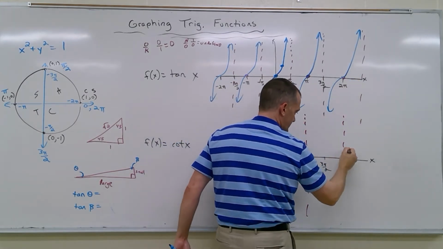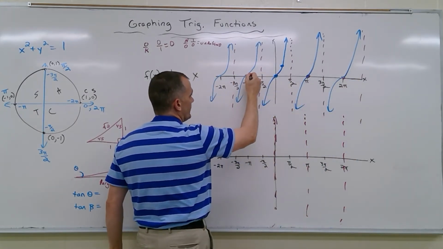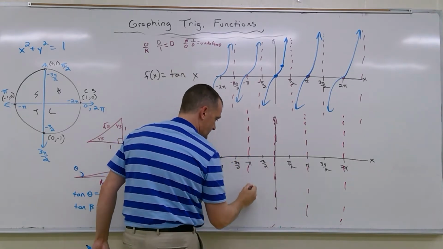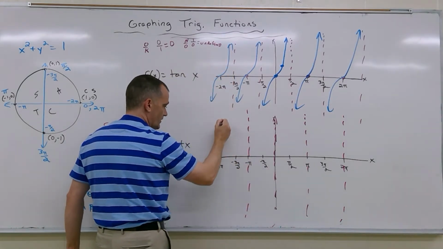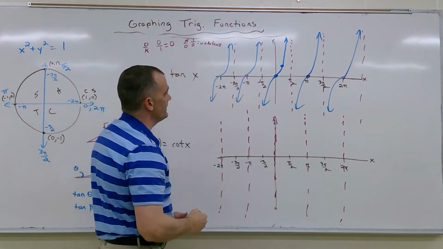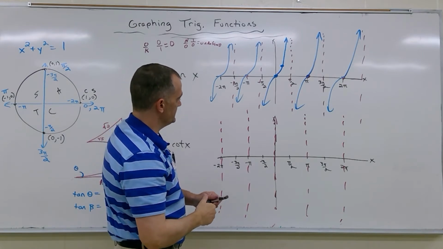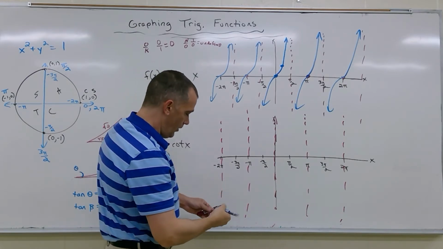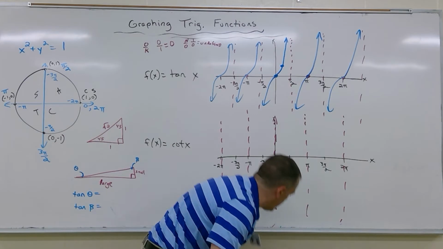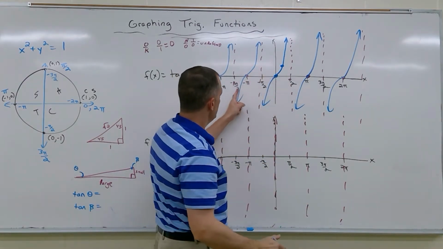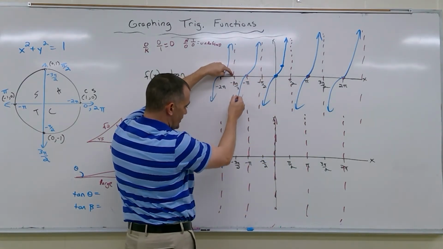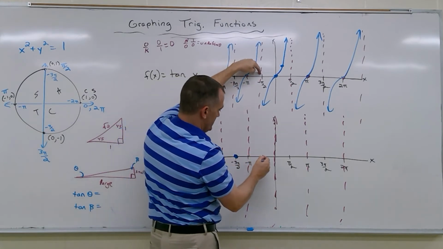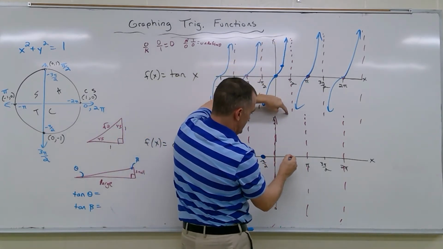Here we have another asymptote. Right here we have another asymptote, and right here we have another asymptote right there, which is very cool. What's the reciprocal of undefined up here? 0. So wherever there's an asymptote here, we have 0. Wherever there's an asymptote here, we have 0.